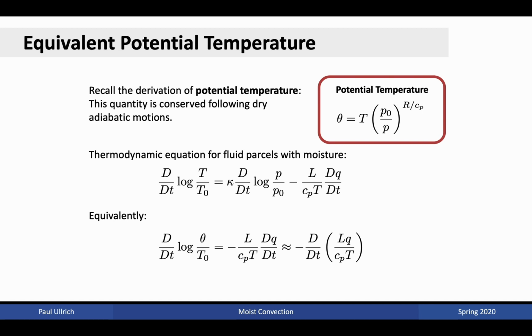If we assume that temperature variations are small, then we can incorporate that temperature into the material derivative term on the right-hand side. Specifically, this pops out because q is small as well, and so the product, q times dT/dt, will also be small. Consequently, this allows us to produce a single material derivative term incorporating L, q, and c_p T in the denominator.